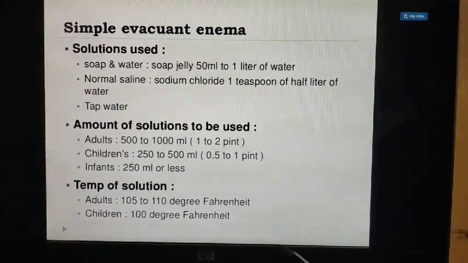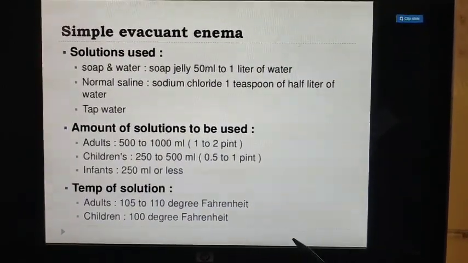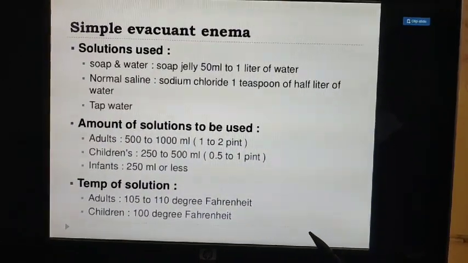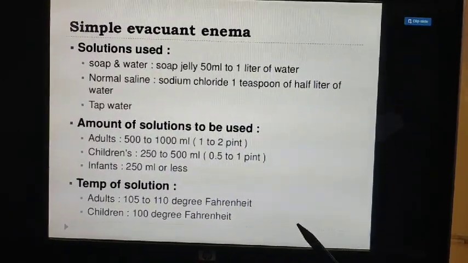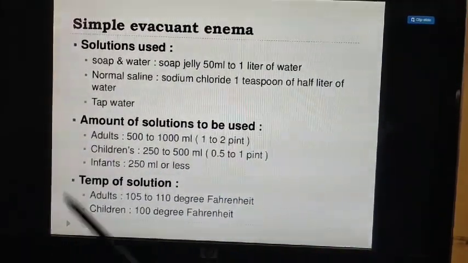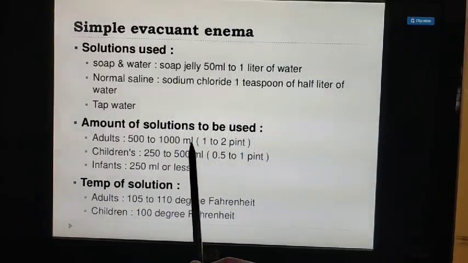Then for adults, children and infants the amount is different. We can't introduce the same amount. Depending upon the age, we have to give different quantities of solution. For adults, we give half a liter to 1 liter of solution.